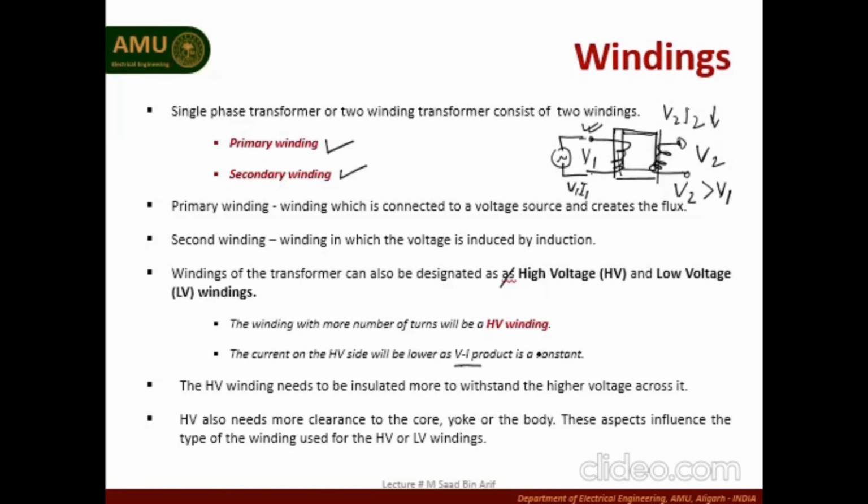Also, the high voltage winding needs to be insulated in order to withstand high voltage across it, and it also needs more clearance to the core or the body of the transformer. That's why you have seen that when we place the windings, we place the high voltage winding at the outer end of the lower voltage winding. This provides more clearance with the core of the transformer.